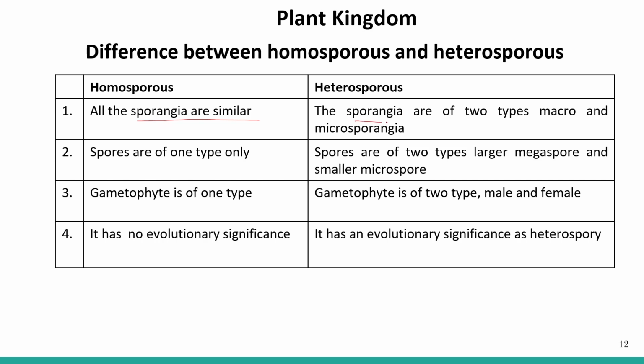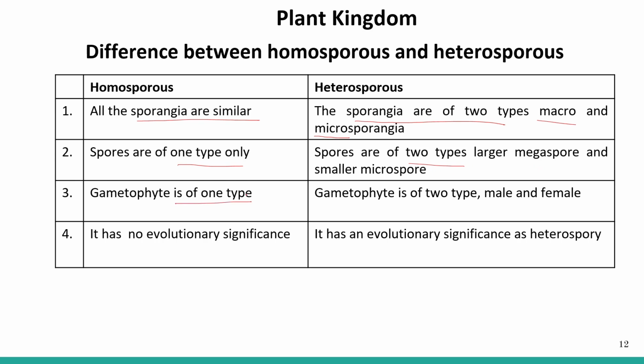In heterosporous, the sporangia are of two different types: one which bears larger spores, called macrosporangia, and one which bears smaller spores, called microsporangia. In homosporous, spores are of one type only. In heterosporous, spores are of two types: larger, called megaspores, and smaller, called microspores.